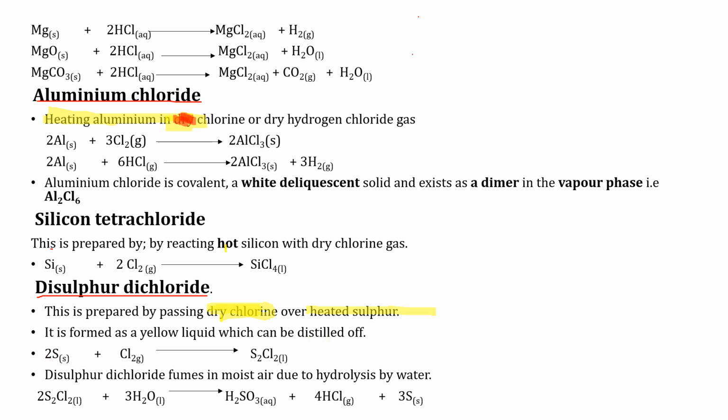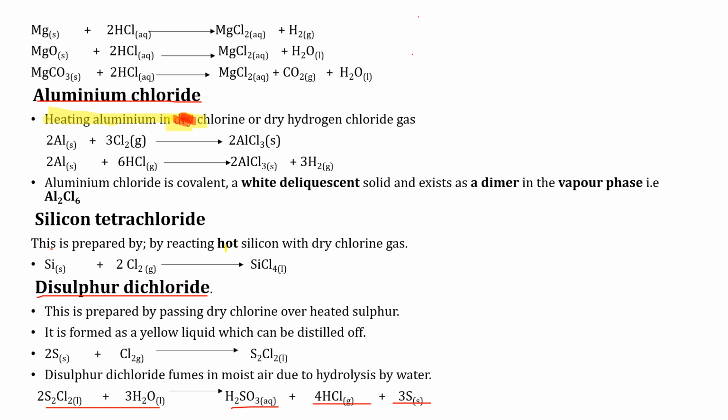So proceeding, we are saying that disulfur dichloride fumes in moist air due to hydrolysis by water. So most of the chlorides of period 3 elements hydrolyze in water, and we are saying that hydrolysis of disulfur dichloride in water is always going to yield sulfurous acid, hydrogen chloride gas, and sulfur.